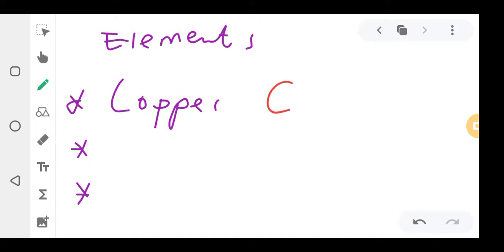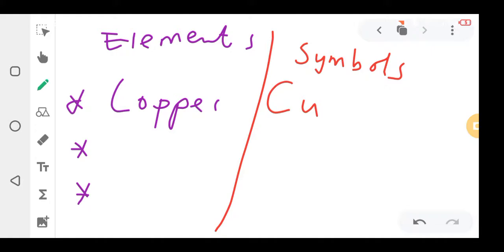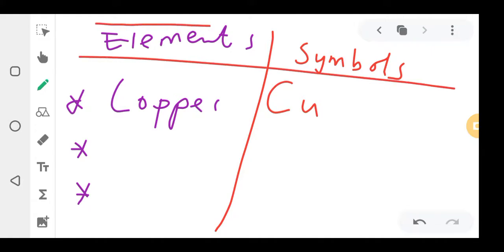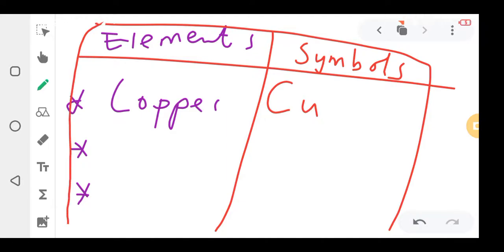The symbol for copper is Cu. This is a table, and on this side are the symbols.